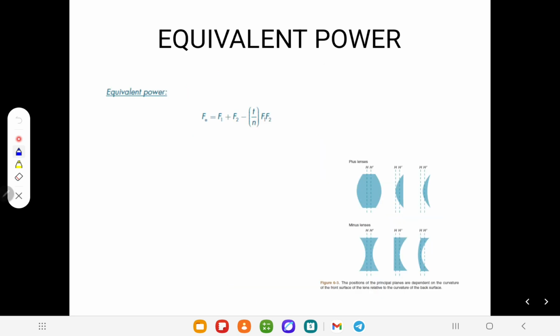So let's move further into equivalent power. What do you mean by equivalent power? See, equivalent power means when there are multiple surfaces, or only two surfaces, or a thick lens or multiple thick lenses, whatever, with significant thickness, then we replace that system with only one surface.